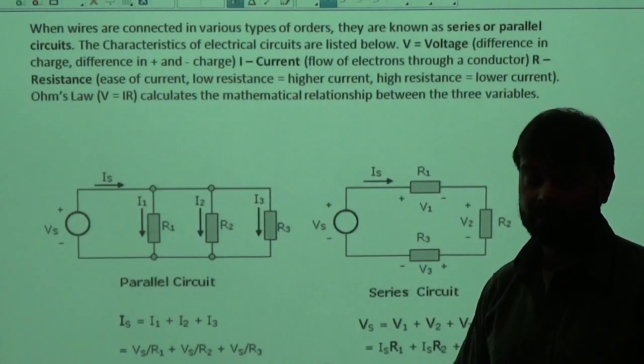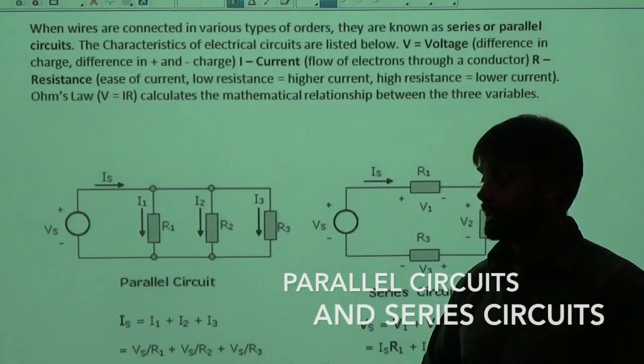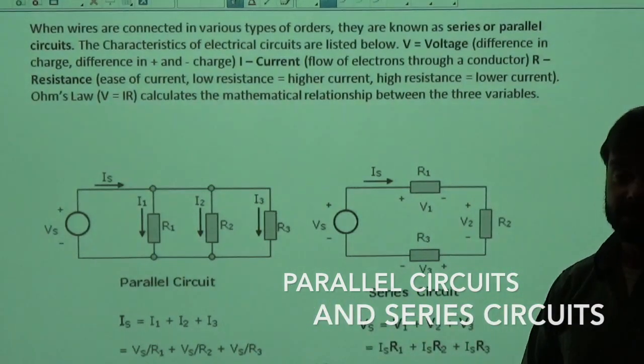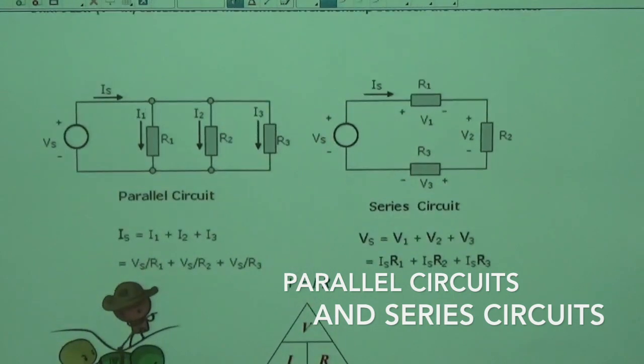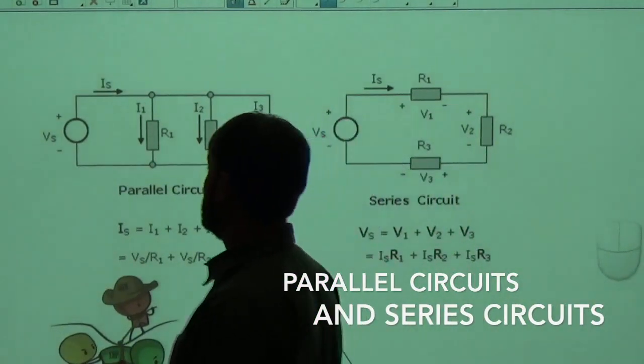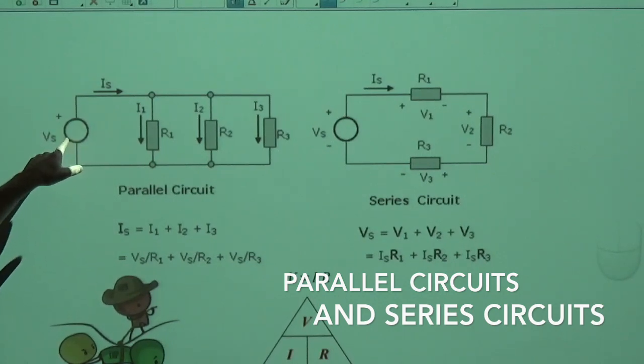We're going to look at basic electrical circuits, primarily in the combination of parallel and series circuits. So just to talk a little bit about what those are, in a circuit diagram, they're going to label some sort of a voltage source. A lot of times we'll label that as Vs, but basically this is the same thing as a battery.